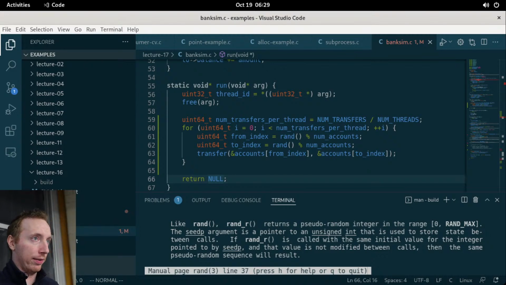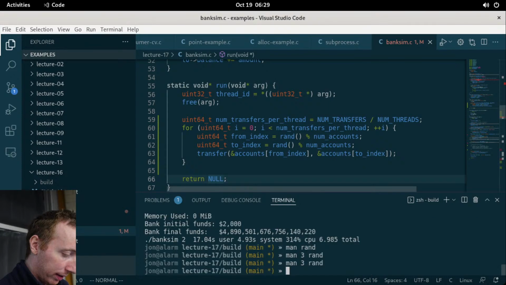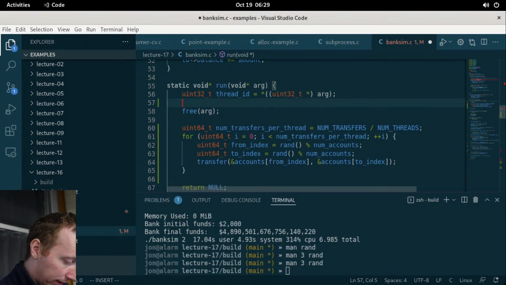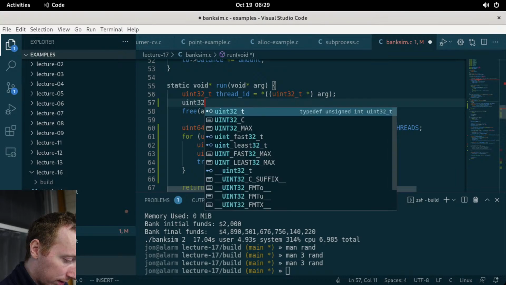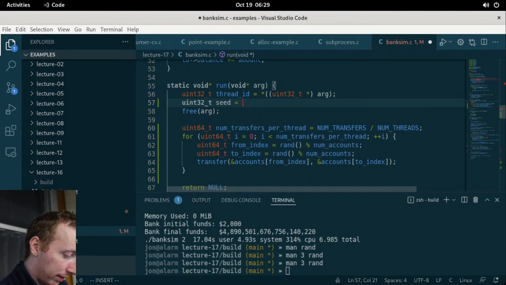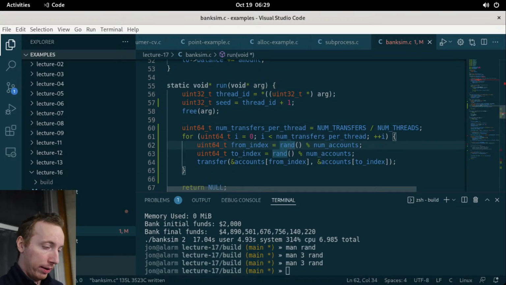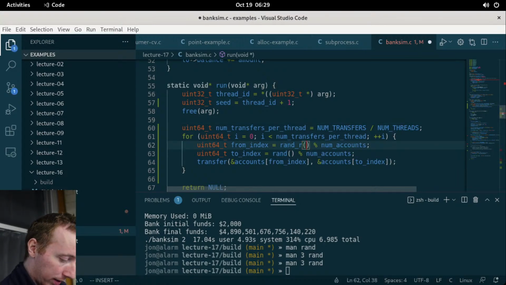We could use RAND-R instead, and that would be nice and independent. It takes a seed.